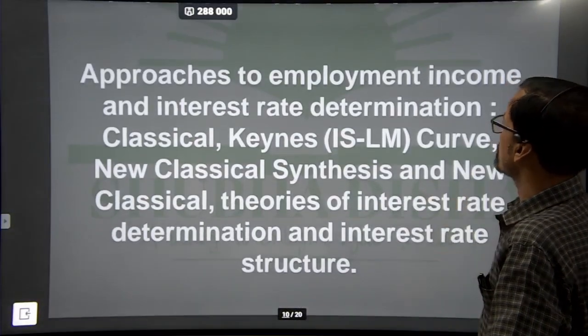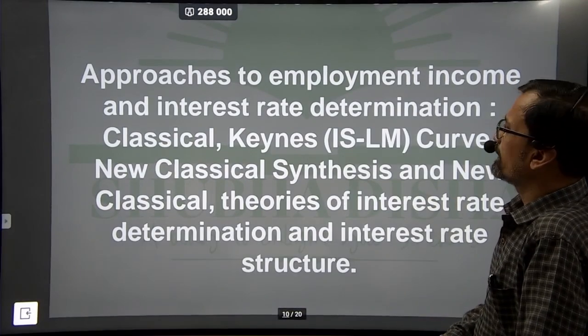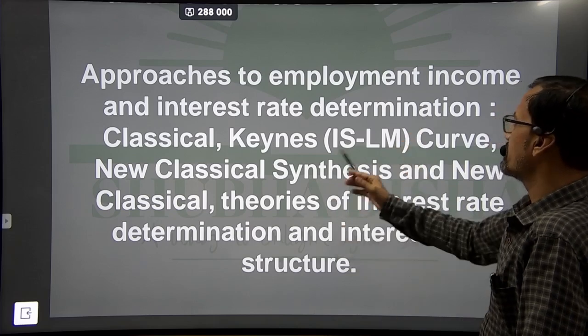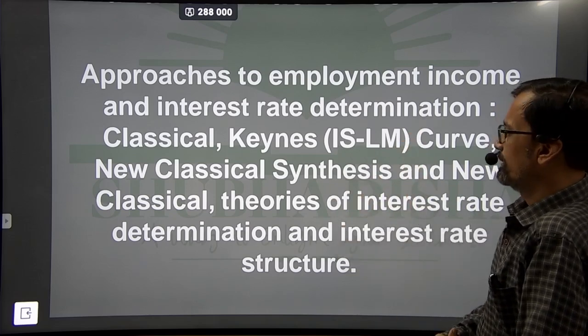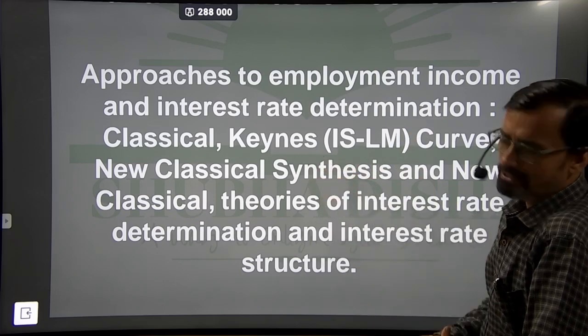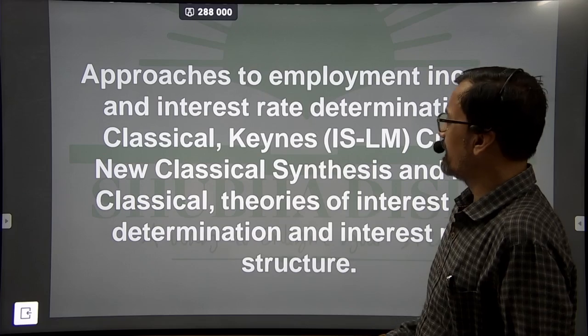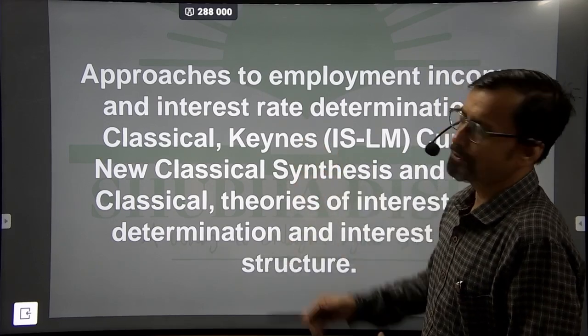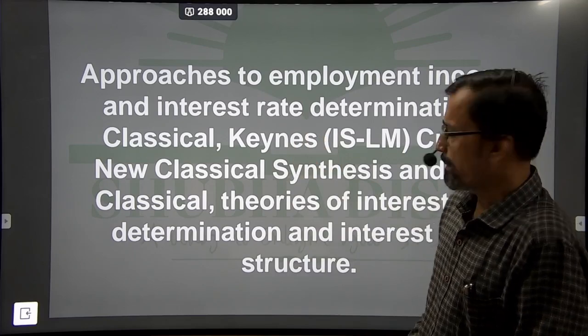Here: approaches to employment and income, interest rate determination, classical and Keynes IS-LM curve. That is, classical versions as well as Keynes. Here there is no mention of the approach of aggregate demand and aggregate supply.